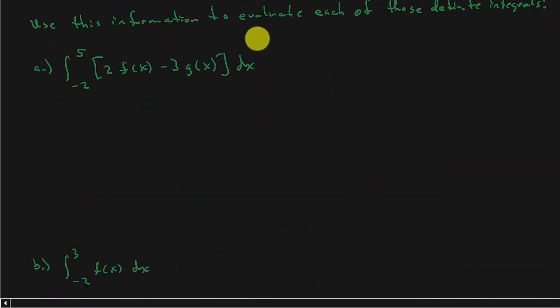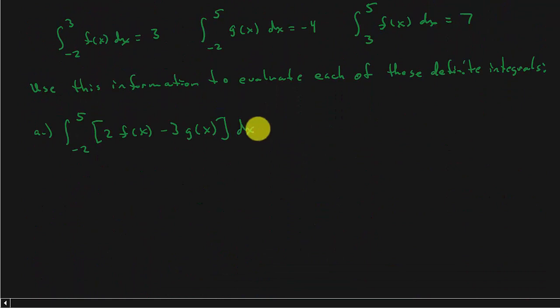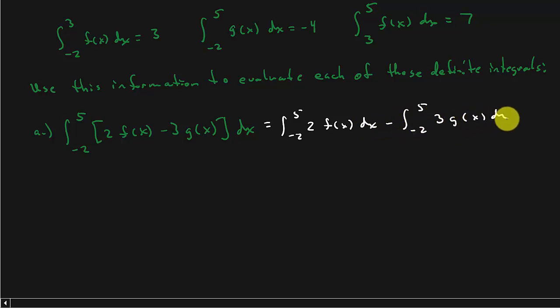So this is the integral -2 to 5 of 2 times f of x dx minus the integral -2 to 5 of 3 times g of x dx. And so this is 2 times the integral -2 to 5 of f of x dx.